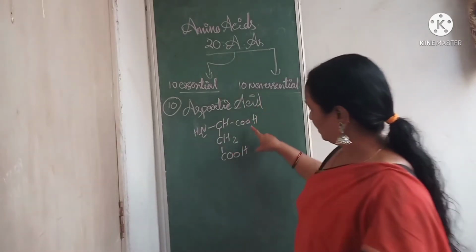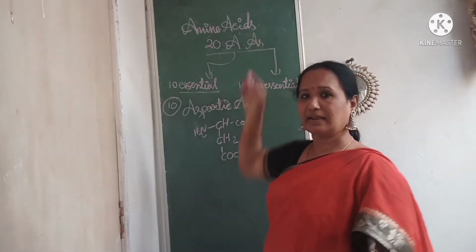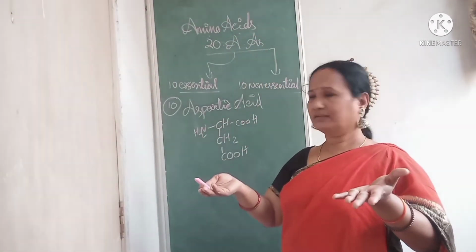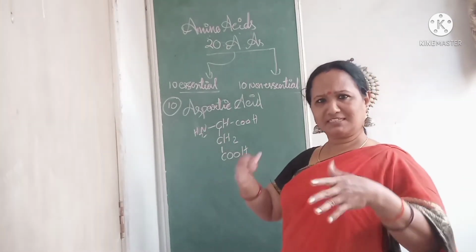When we check the structures of aspartic acid and glutamic acid, there is a comparison: the only change is that an extra CH2 group is added to glutamic acid.